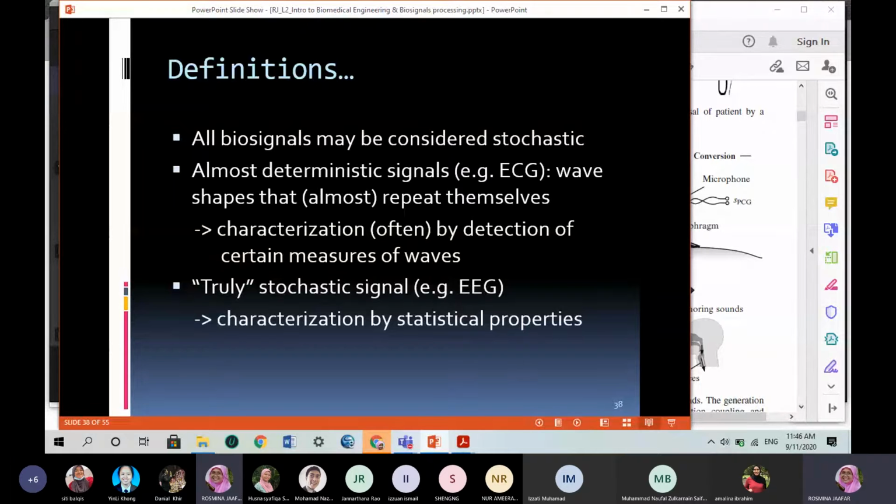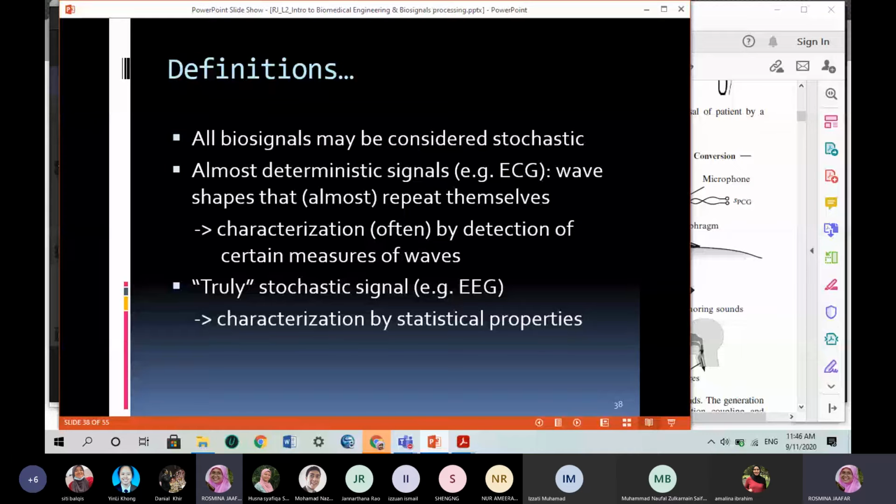Okay, all biosignals may be considered stochastic because from one person to the next person, they do not have exactly the same value. It is changing, but with a similar pattern, similar features.